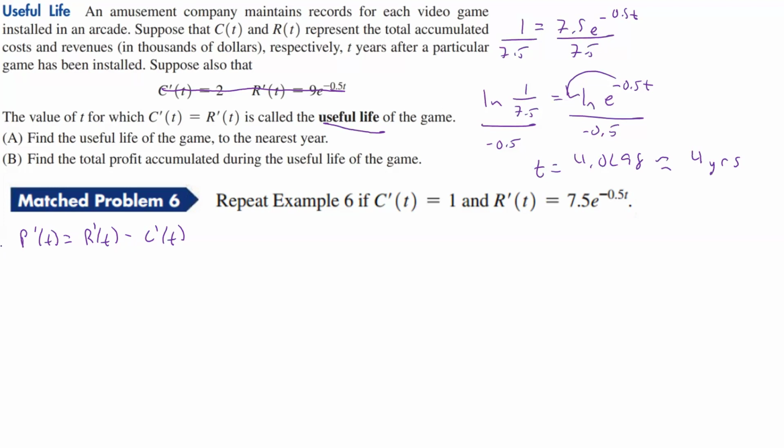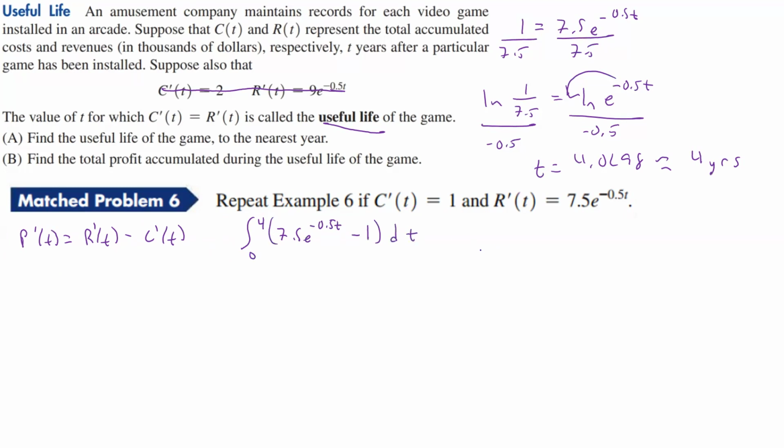We're going to integrate it, take the antiderivative, from 0 to 4 years. We take our R prime, which was 7.5 e to the minus 0.5 t, then minus 1, and then dt.